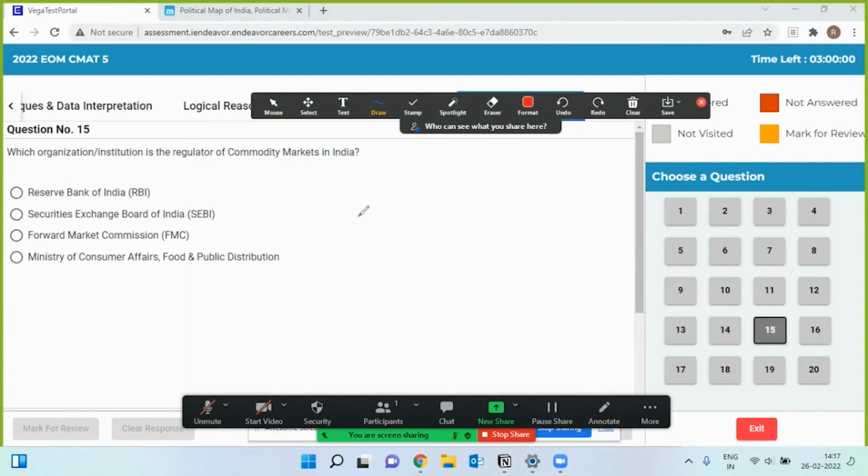Next is question number 15, which is about which organization is the regulator of commodity markets. This I think is a relatively easy question because the correct answer is SEBI. Now here please remember that SEBI is a regulator of stock markets and also commodity markets.